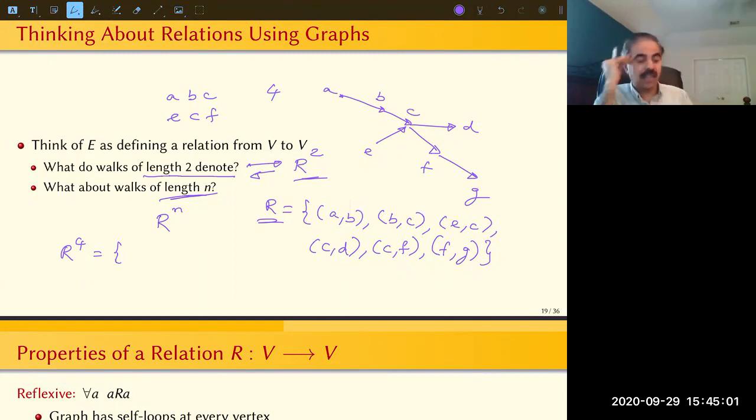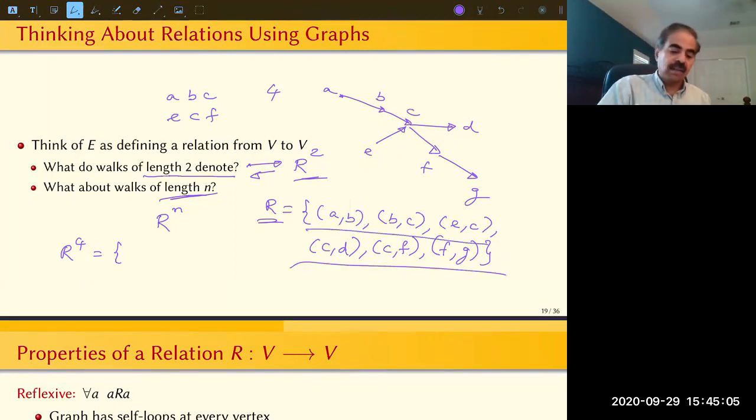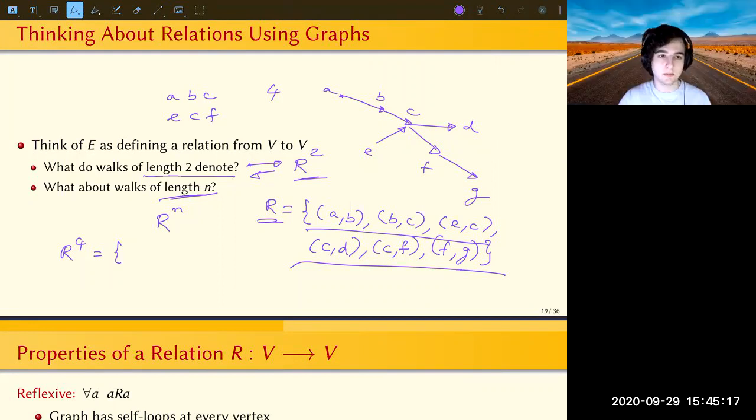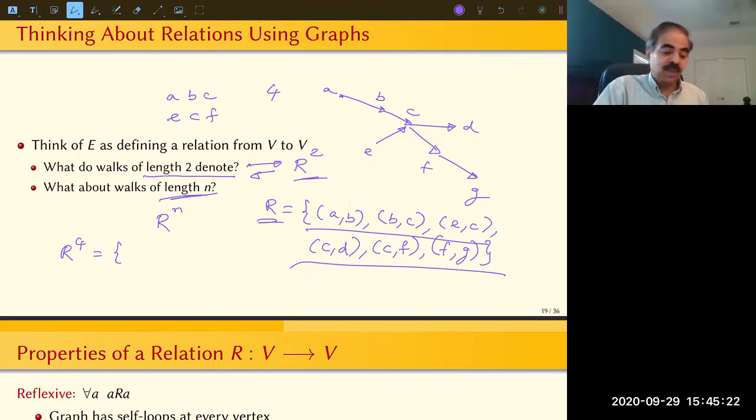What are the pairs in R to the power 4, right? So we have these pairs in R. What are the pairs in R to the power 4? A, B, B, C, C, F, F, G. No, it's not. A, G. No, it is. So you must have a walk of length 4, right? So that means there is only one, which is A, G.